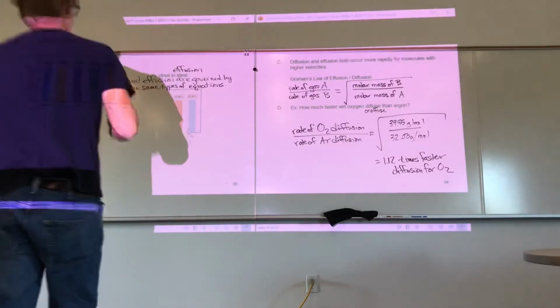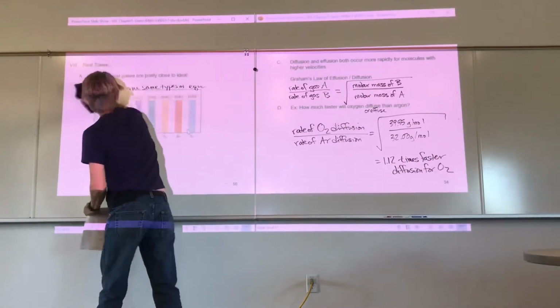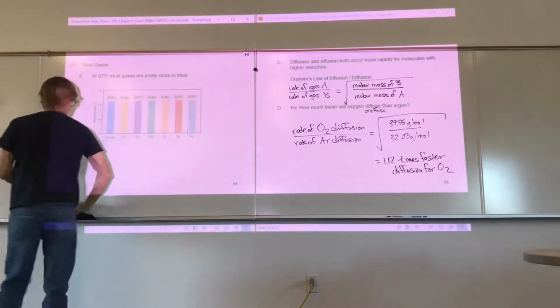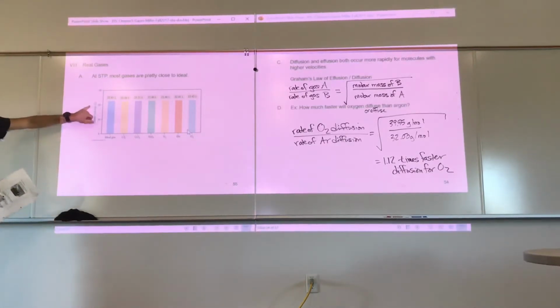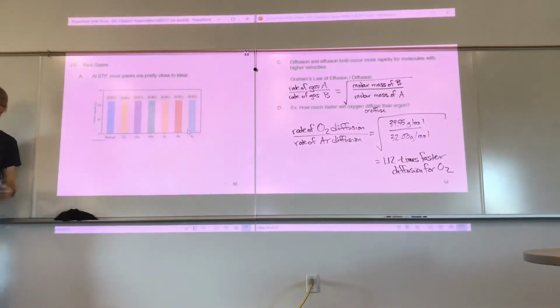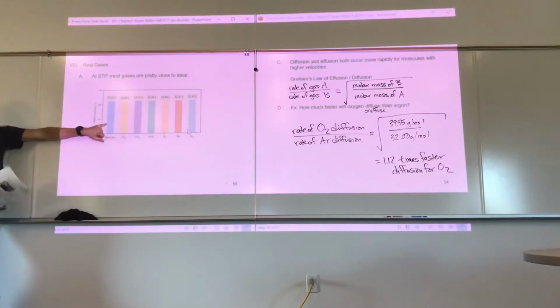At STP, most gases are pretty close to ideal. You'll be calculating the molar volume of hydrogen gas from lab. You'll be doing it at STP. 22.41 is perfect.